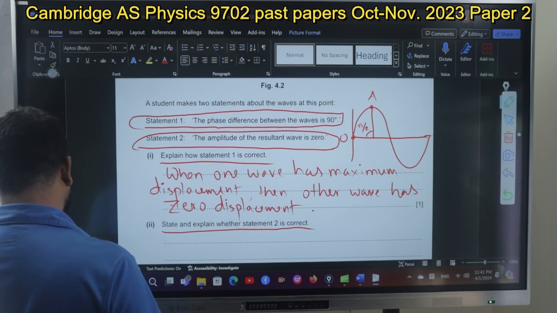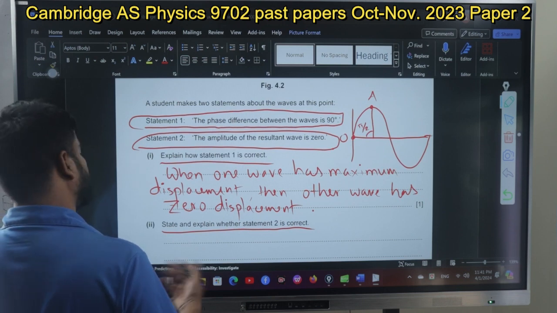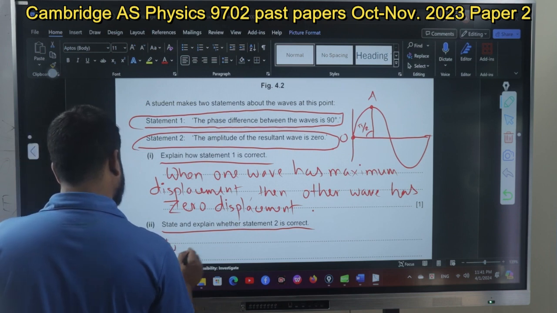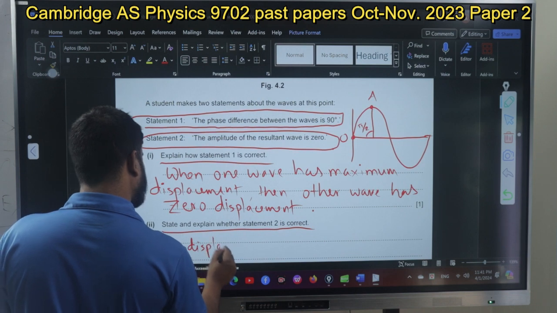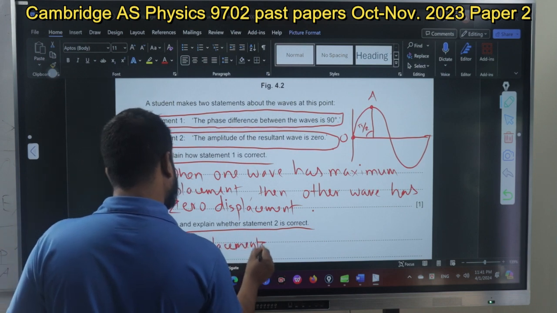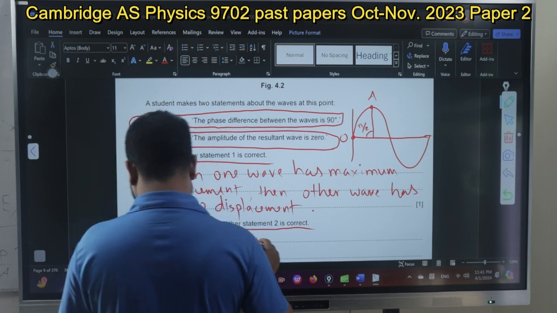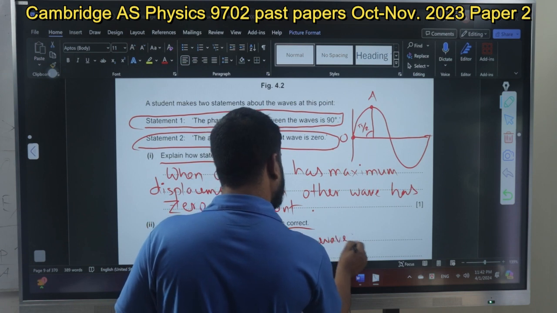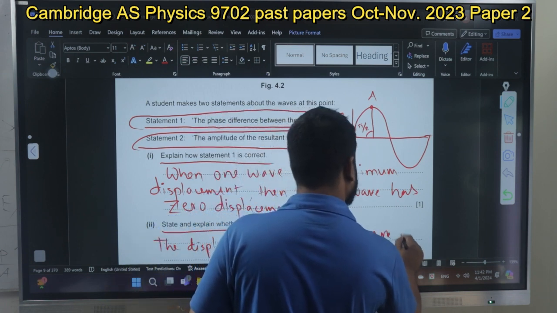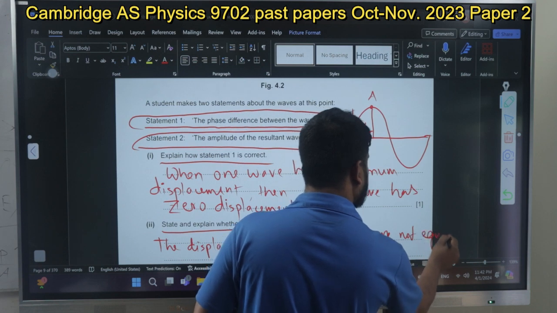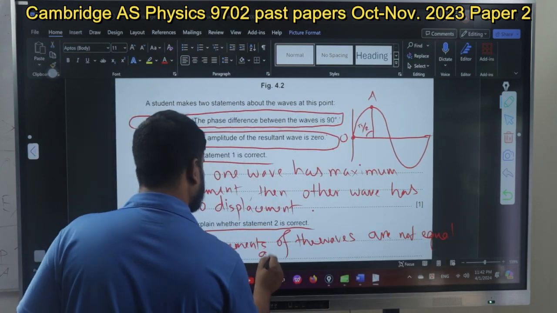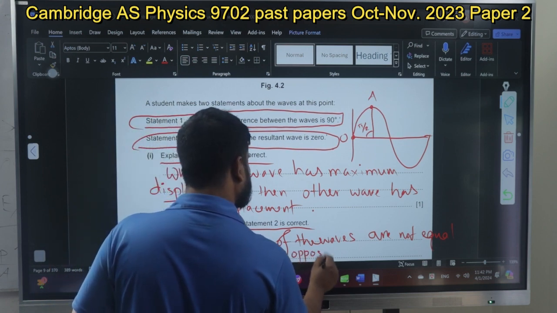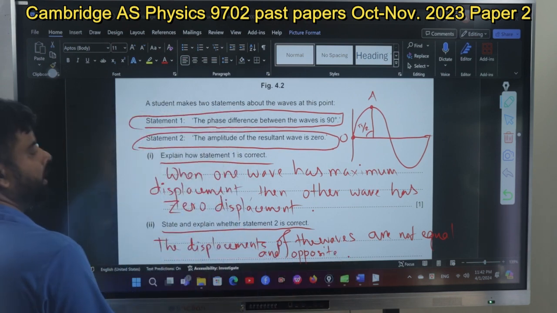One wave has some displacement when the other has no displacement, so the displacements of the waves are not equal and opposite. So they never cancel out exactly.